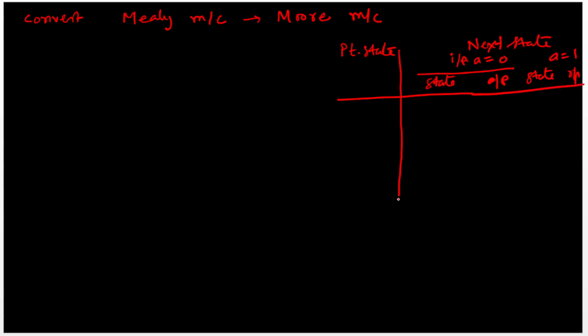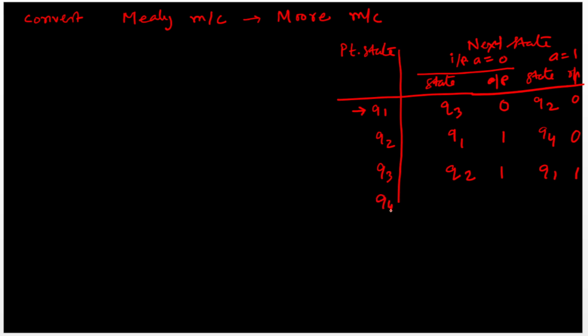Suppose q1: on 0 it goes to q3 with output 0, and on 1 it goes to q4 with output 0. For q2: on 0 it goes to q2 with output 0... q3: on 0 it goes to q2 with output 1, and on 1 it goes to q1 with output 1.